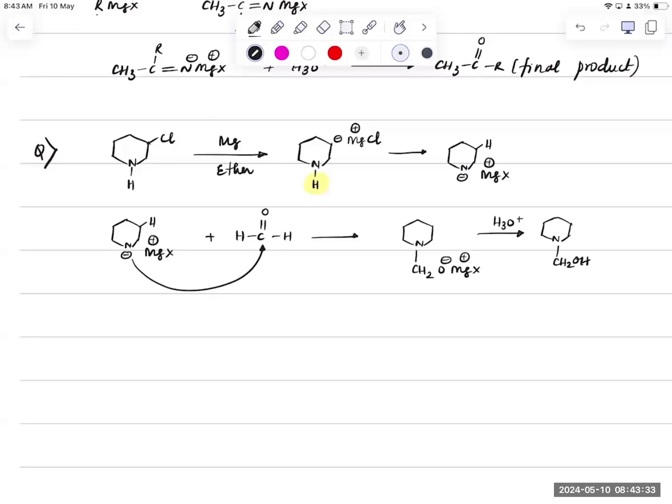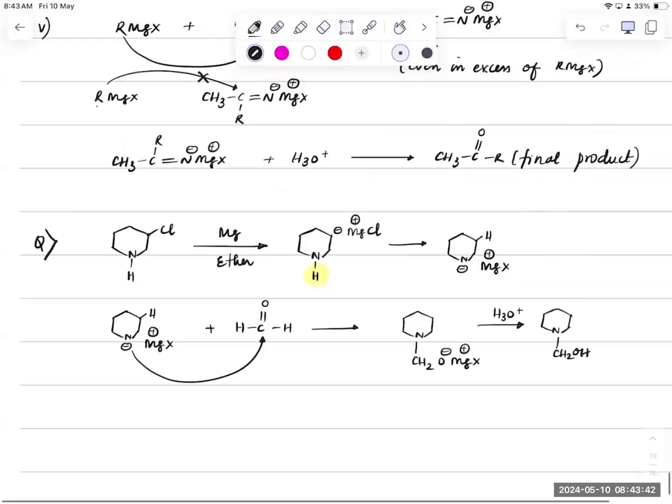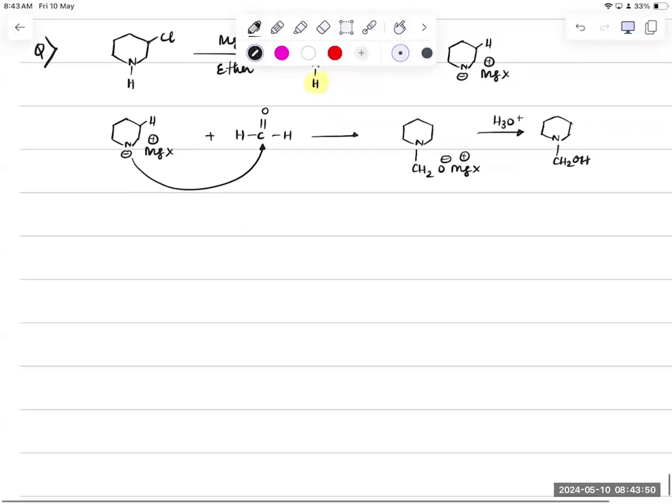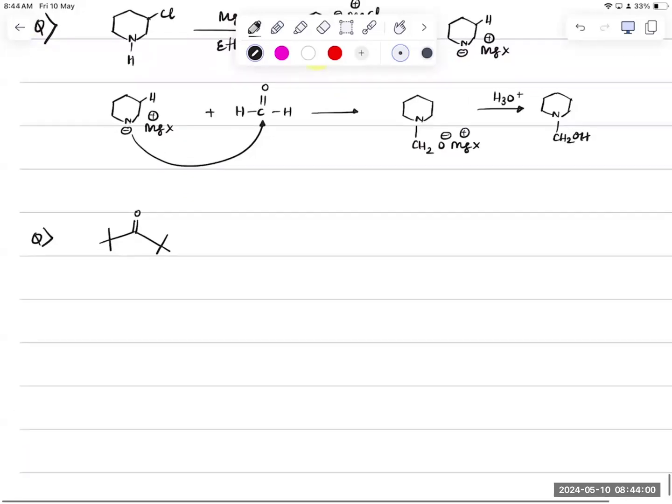So whenever we have this kind, we need to understand that RMgX would act slightly differently. Now, not every ketone will be reactive with RMgX either, depending upon the crowding. For example, to take another example, suppose you have a group like this, double bond O and a group like this, an extremely crowded one.